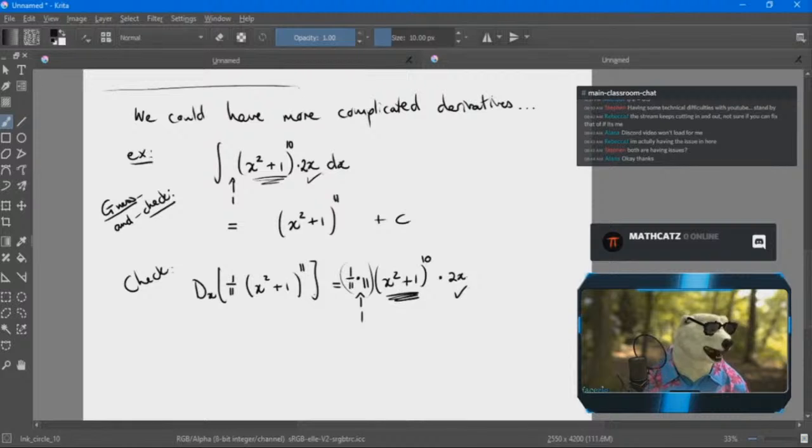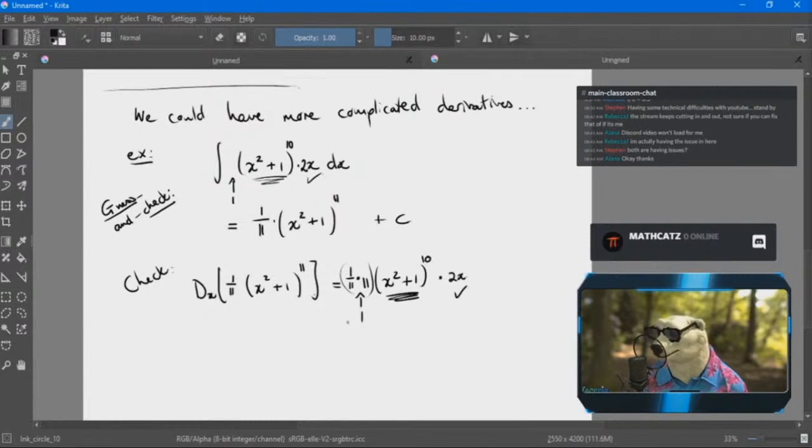So some things are familiar. Still the number correction. Still need to check if the numbers are what they should be in my target. But there's also now a chain rule situation that I need to be aware of and sort of reverse engineer. So my guess was almost complete. Just needed to put the right number in front to make sure the numbers in my target will work. So we are taking initially a guess and check approach to reversing the chain rule.